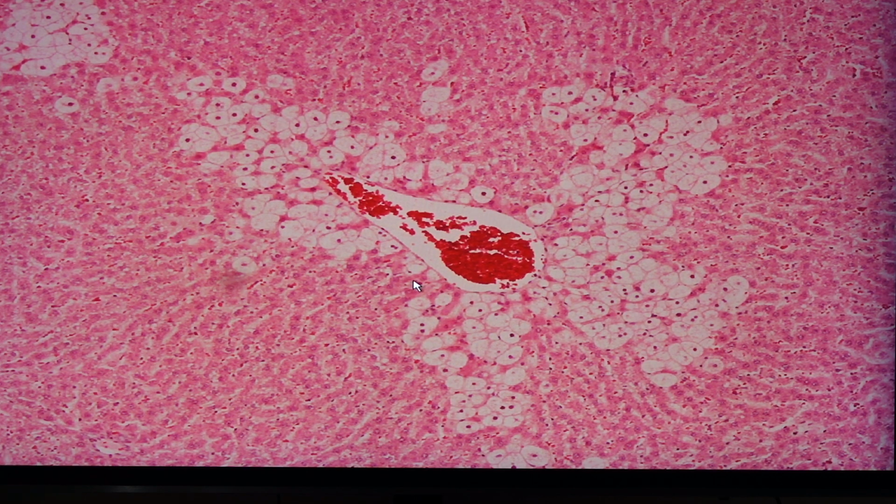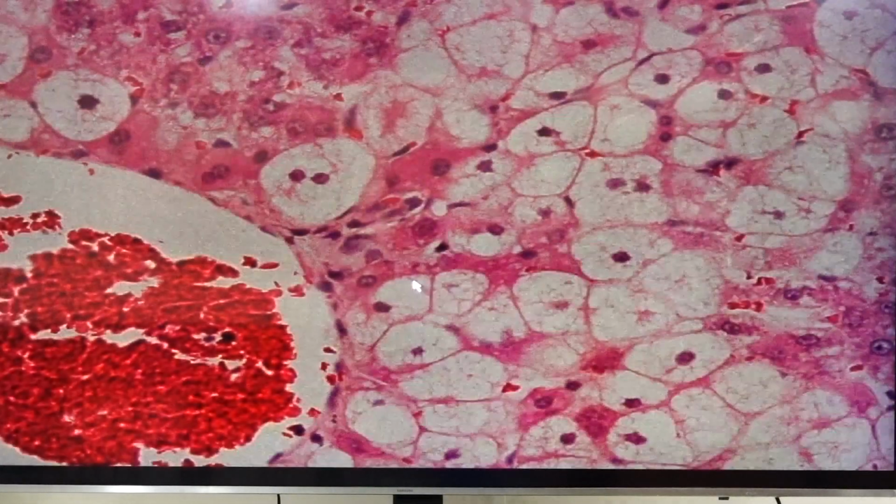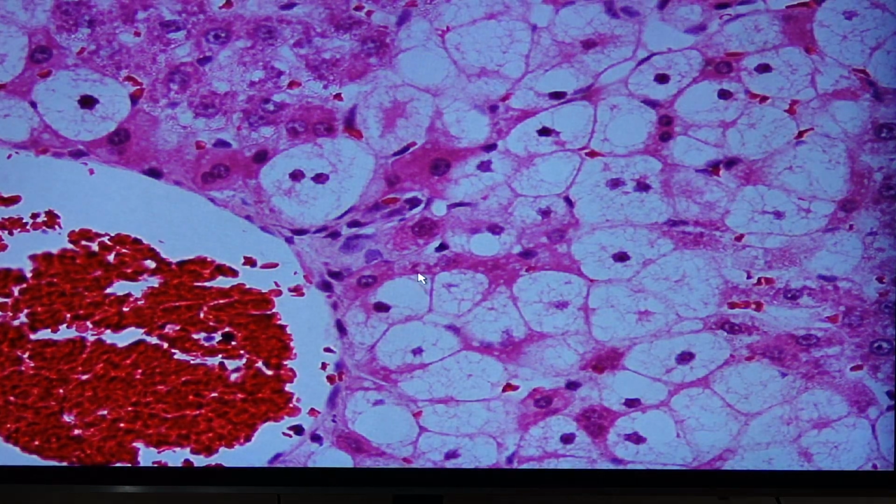We would see reversible change because this is still the first 24 hours. A sign of reversible change would be this one. This is steatosis of the microvesicular type, because look at the lipid accumulation.